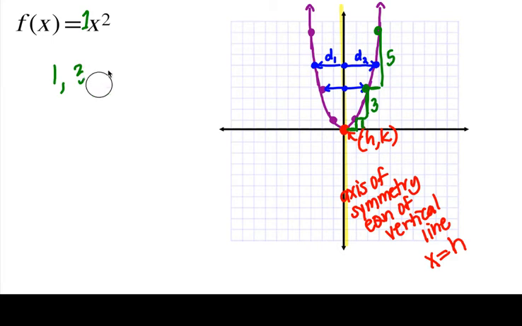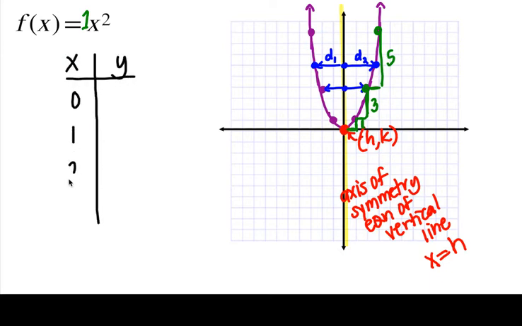Now I want to show you where that 1, 3, 5 rule comes from. So we have a 0, a 1, a 2, and a 3. When you put a 0 in, you get 0 out. When you put a 1 in, you get 1 out. There's your 1. When you put a 2 in, you get a 4 out. There's your change in y, which is 3.